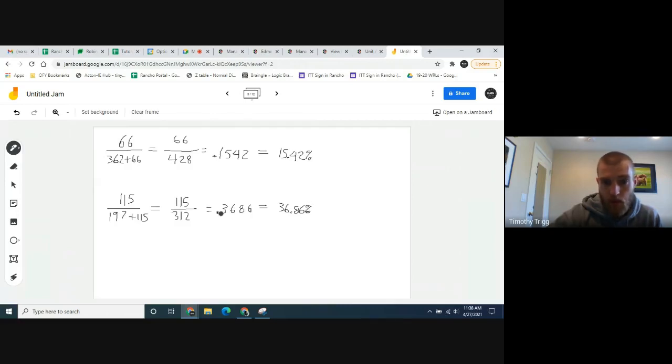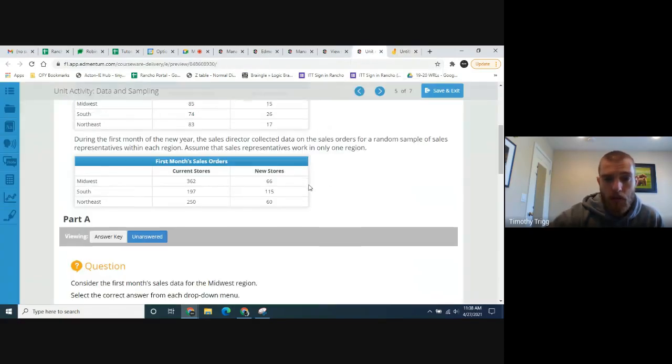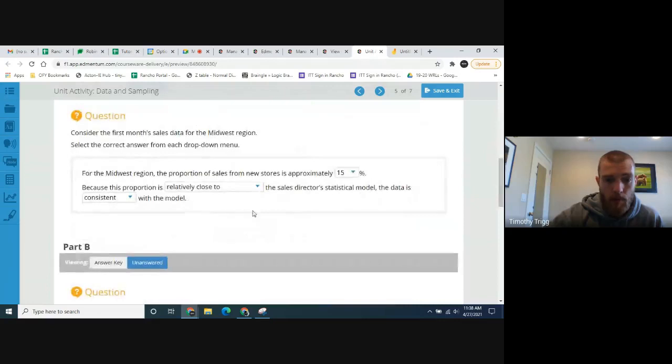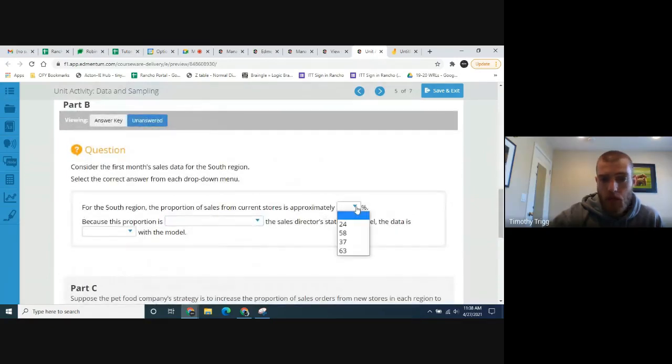Okay, moving the decimal over twice, change to percent. Okay, so 36 point whatever, what they were expecting was 26. So for the South region, we had about 37 if we round to the nearest percent. Because this proportion, oh wait, we're looking for current stores.